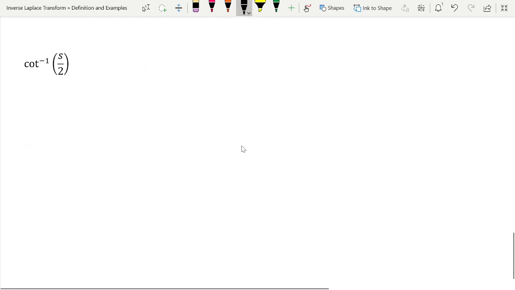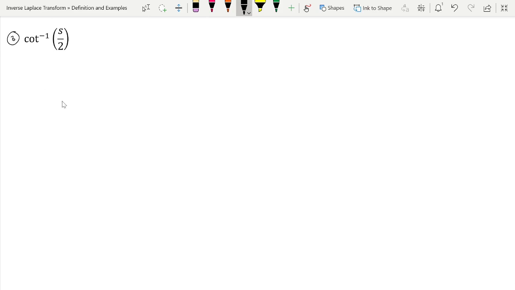Now let's move towards the next example. Over here we have to find the inverse Laplace transform of cot inverse of s upon 2, but we have not learned any standard formula for finding the inverse Laplace transform of cot inverse. But we can note one thing, because we already know the derivative of cot inverse s.